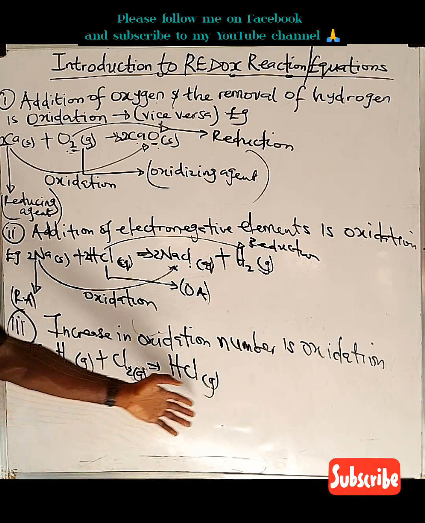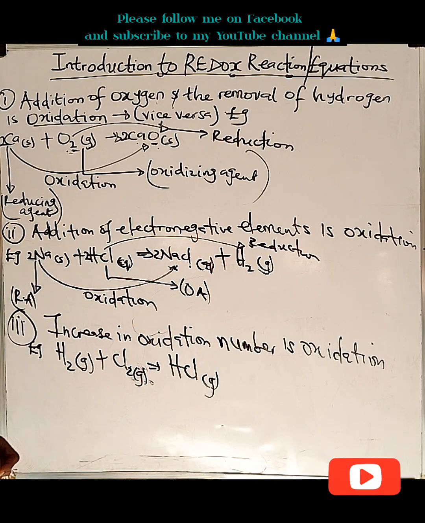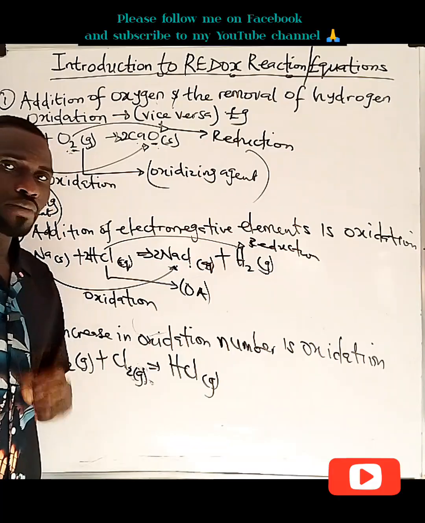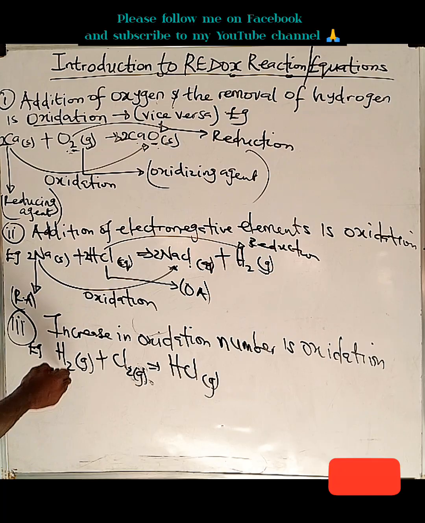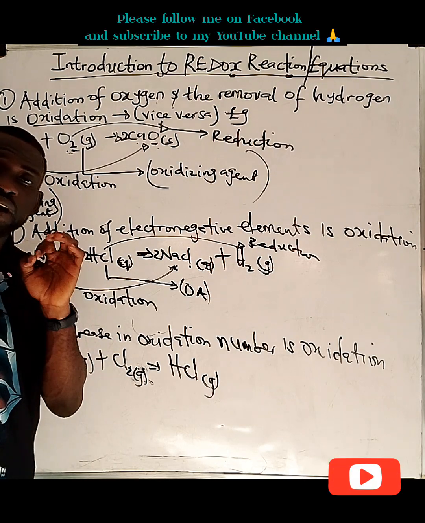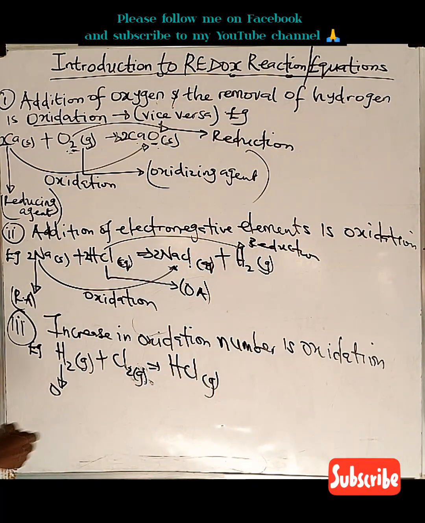So in this scenario, an increment in oxidation number is oxidation, a reduction in oxidation number is reduction. So let's see what the oxidation number of hydrogen gas is here. Hydrogen gas, without having reacted with any other atom of element, you can assume has an oxidation number of 0. Chlorine also has an oxidation number of 0.